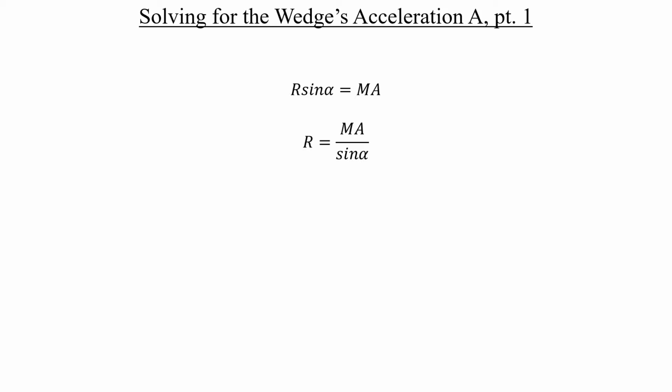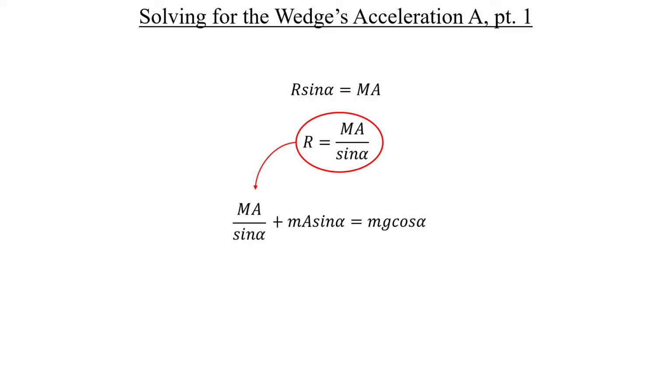I'm going to take this result and plug it into our third equation, since that has R in it. When we do that, we'll get the following. Since we want an expression for capital A, we should get rid of this denominator here in the first term by multiplying everything by the sine of alpha, like this.